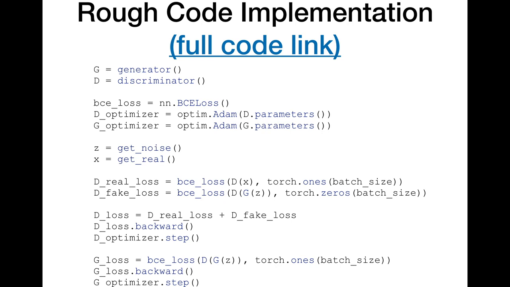Notice that in the first half of our code, where we are just optimizing the discriminator, we're only updating the parameters of the discriminator. Similarly, in the second half of our code, where we are optimizing the generator, we're only updating the parameters of the generator. You need to make sure whenever you're implementing GANs that you have separate optimizers for the discriminator and the generator, so that you don't end up changing the parameters of the discriminator during the generator update and vice versa.